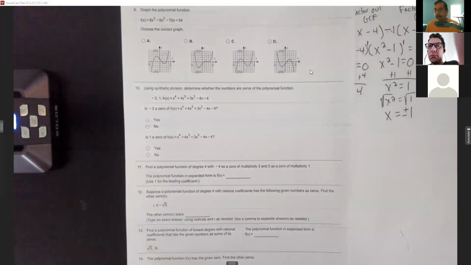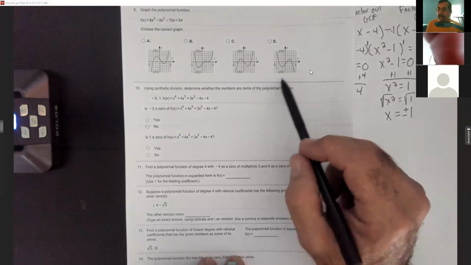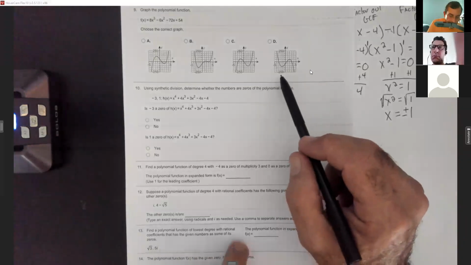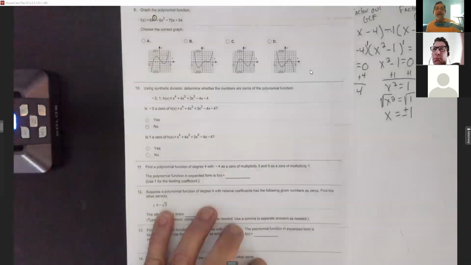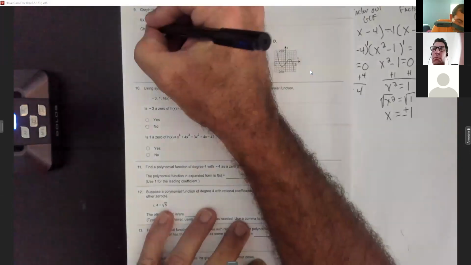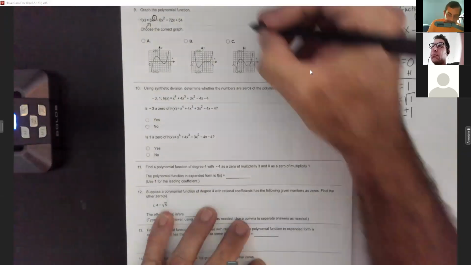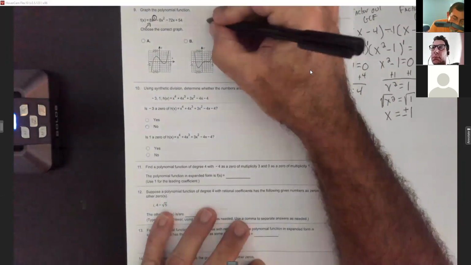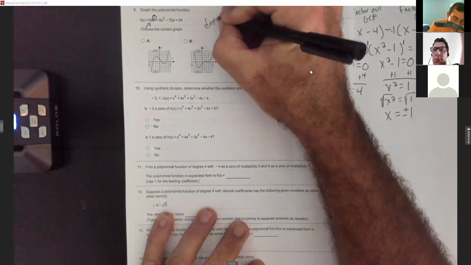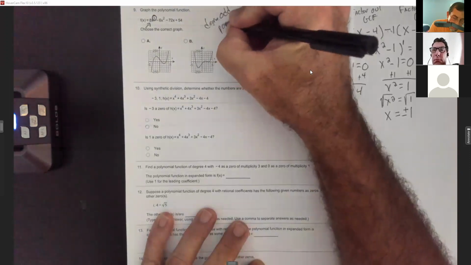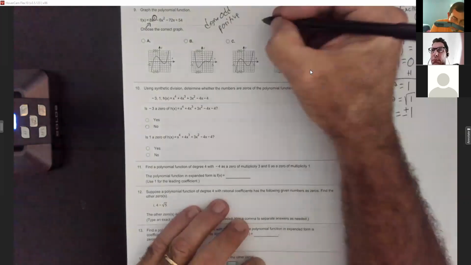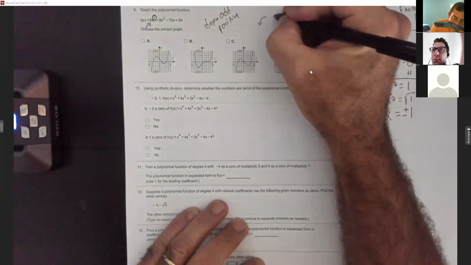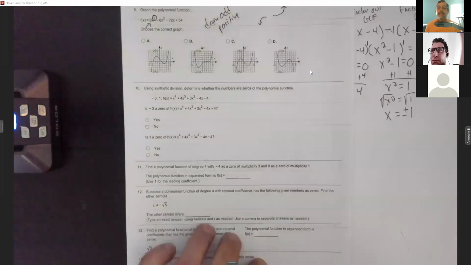Number 9 is the same thing, and we'll set our windows to what they got on theirs. But what I'm looking at on this is that it is an odd degree, and that 8 is positive. So when your degree is odd and you have a positive lead coefficient, left to right, this thing should be going uphill.